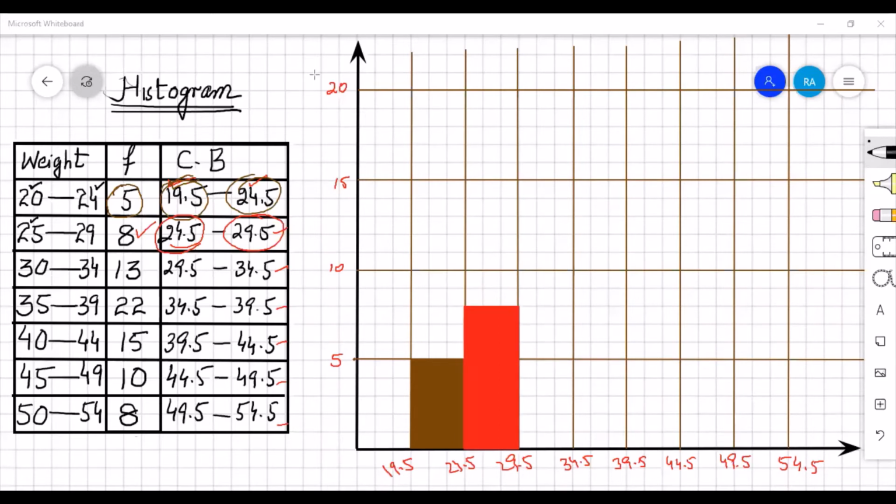Now for the third value, as shown in the table, the frequency is 13 and it is between 29.5 and 34.5 and the height is 13.